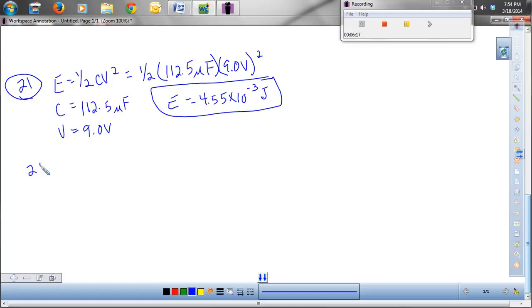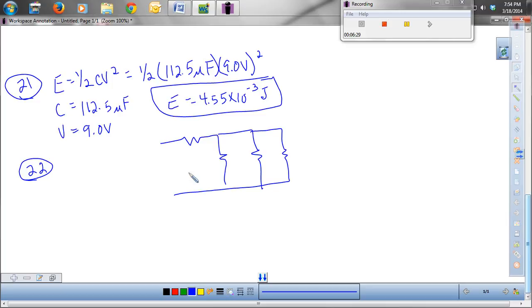All right, 22. In 22, you had a circuit. There was a resistor here, then there were 3, and then there was a resistor right in here. And I left that out, so let me draw that for you. Battery. So this one up here was 58 ohms. Call that R1.